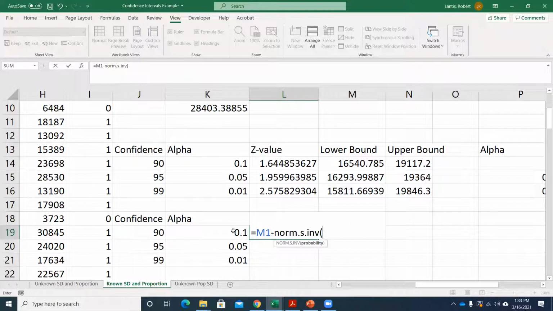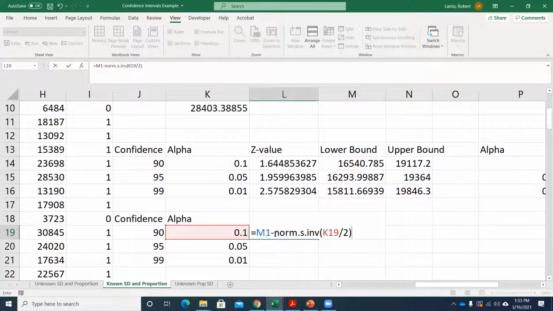I can tell it alpha divided by 2. Now I have to do one of two things, which is what? If I ignore this part, what will that norm.s.inv give me? It's going to give me a z-score that is negative, right? We said that was a problem. Well, if I subtract a negative, it's actually adding it. Well, that's my upper bound, not my lower bound.